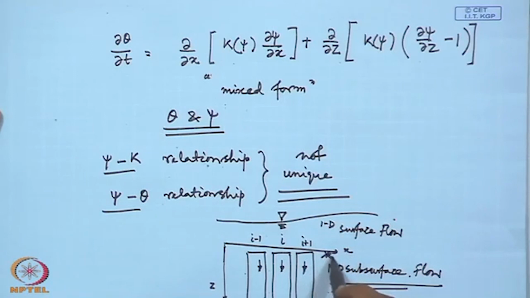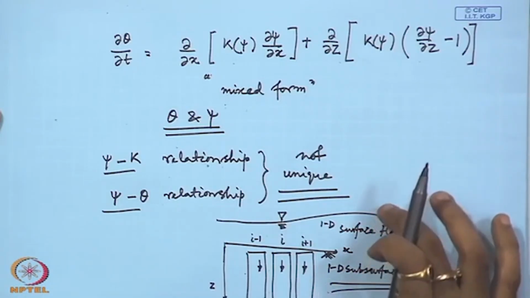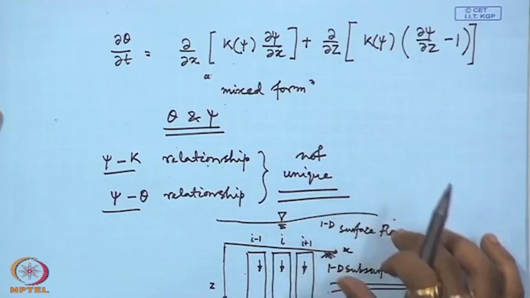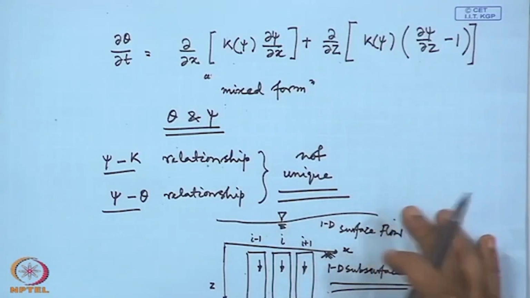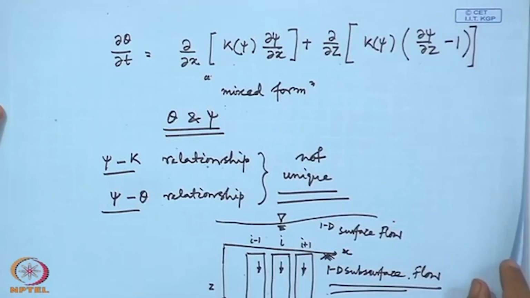And this is our ground surface. So, with this picture in our mind, we can start discretizing our governing equations.